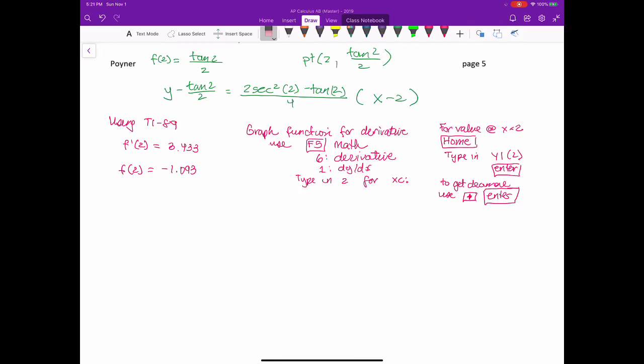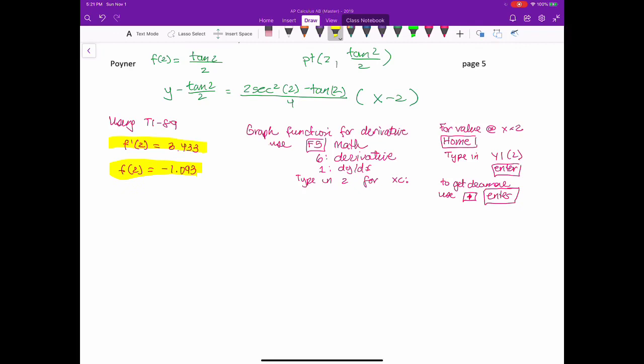If you're doing this on a free response, you have to justify that. So you actually have to show at the very least these values right here. If it asks you for the derivative first, then you would have to find the derivative. Your calculator can also do that as well. But if it's just asking for the derivative at 2, show the notation for that.